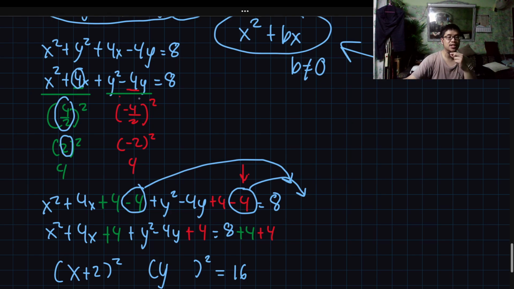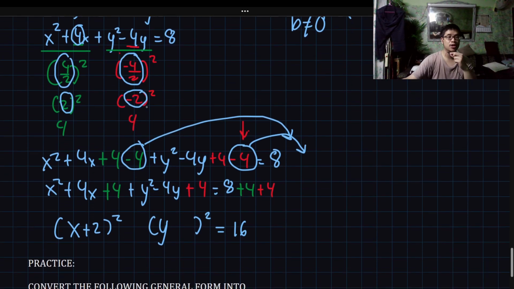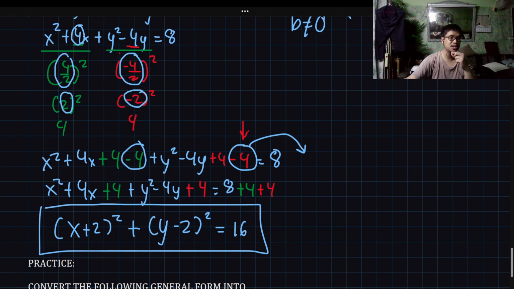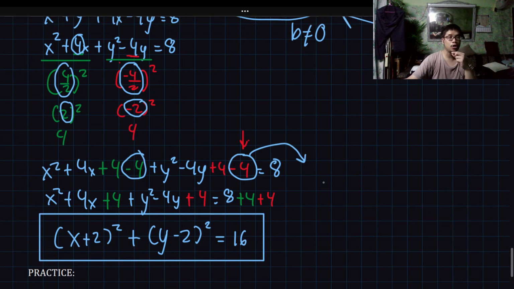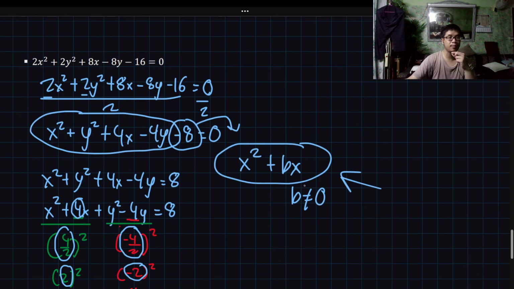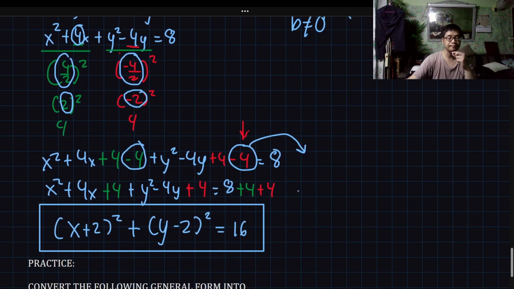Just look inside the parentheses squared. We divide negative 4 by 2, the answer is negative 2. So that is what you're going to put here, so you have minus 2. That's it. Then here, oh, I forgot the plus. Then here is your final answer. This is the standard form of 2x squared plus 2y squared plus 8x minus 8y minus 16. That's it, there we go.